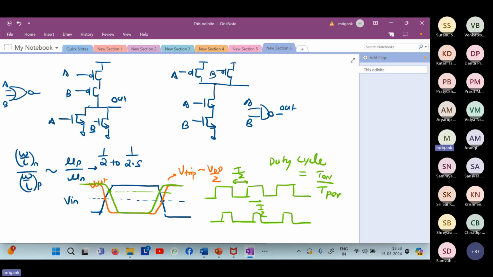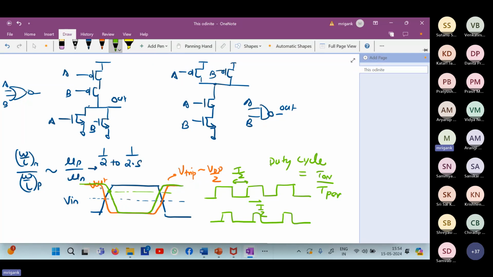In that case, if I look at these two, the rising and the falling edges, which one will become sharper? Which one will become weaker?